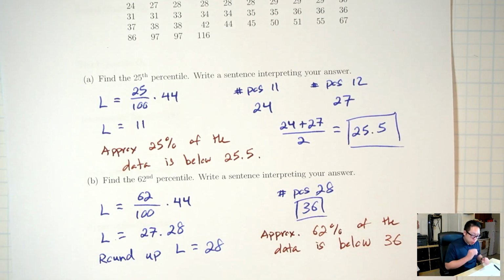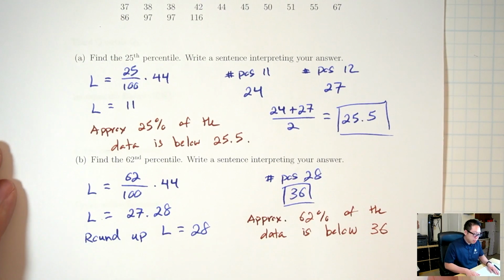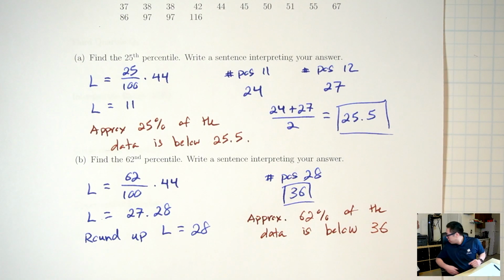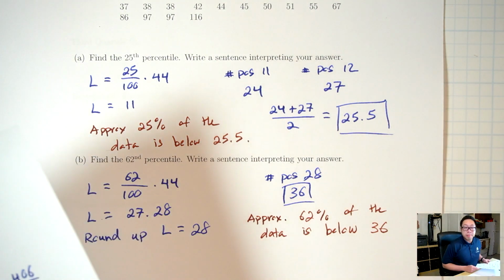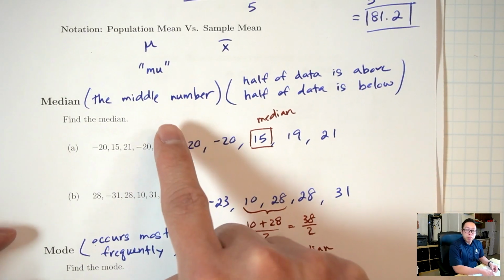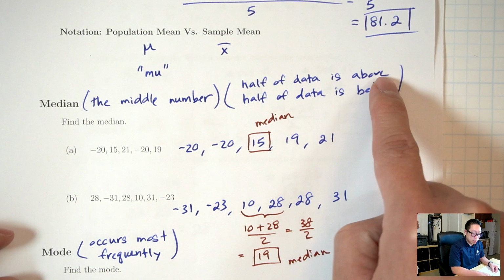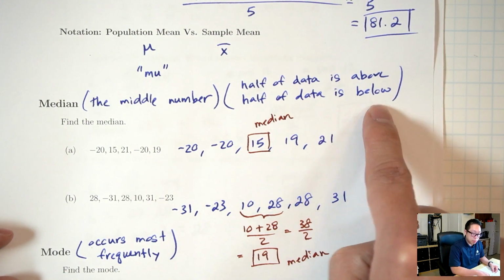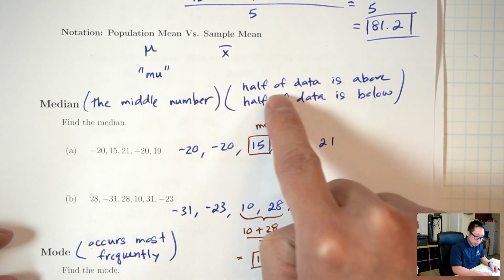Before I move on, let me connect this with something we talked about already: the median. We said the median was the middle number, in the sense that half of the data is above and half of the data is below. So this is really just a percentile.